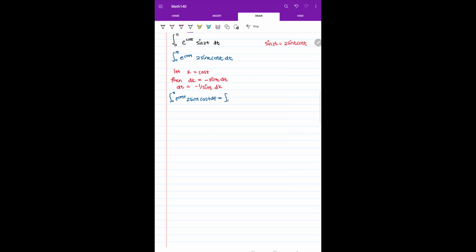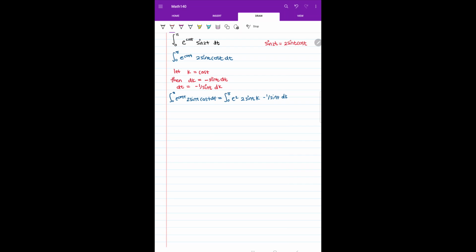That's going to be equal to that same integral, and then we have e to the k, 2 sine t. Now we said cosine t is k, so we can put k, and then dt is minus 1 over sine t dk.